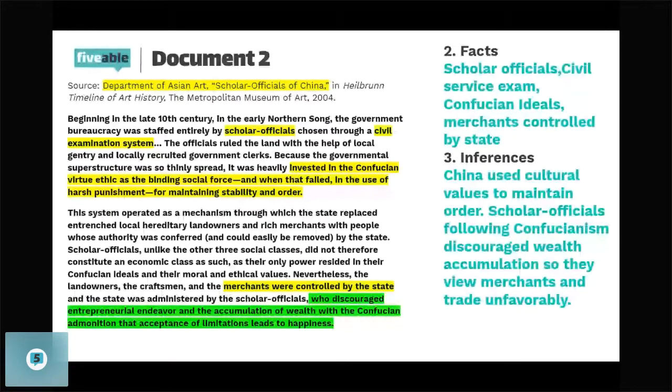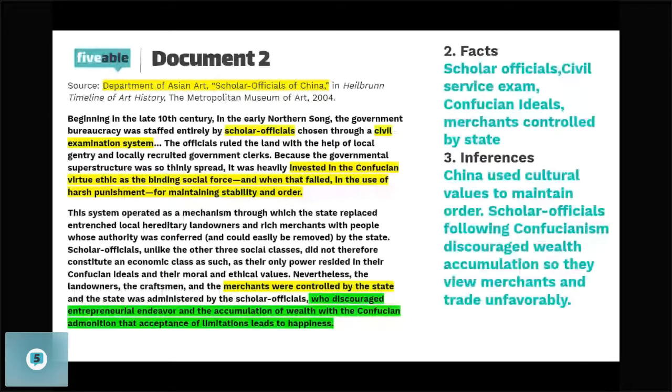Nevertheless, the landowners, the craftsmen, and the merchants were controlled by the state. So I highlighted that. And the state was administered by the scholar officials who discouraged entrepreneurial endeavor and the accumulation of wealth with the Confucian admonition that acceptance of limitations leads to happiness.